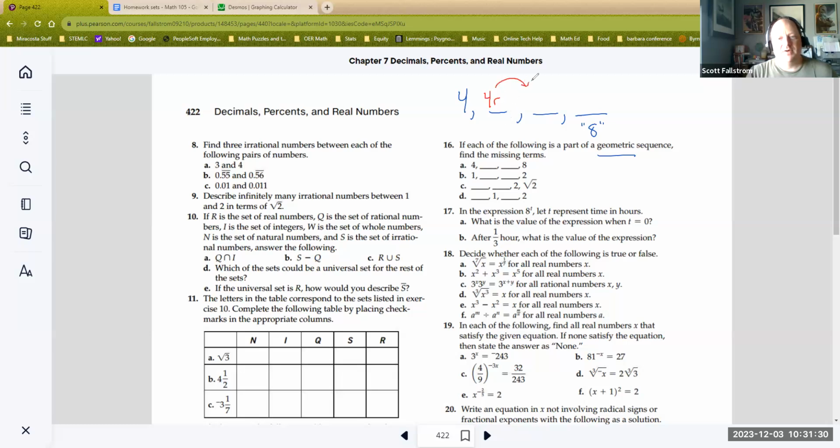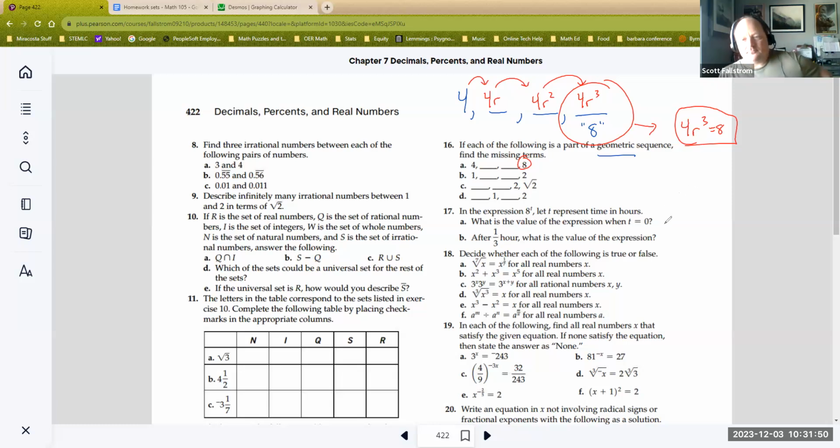Then you'd multiply by the ratio again to get 4 times r squared. And you'd multiply by the ratio again to get 4r cubed. And you know that that last term is 8, so you create an equation that says 4r cubed equals 8, and then you solve that equation.